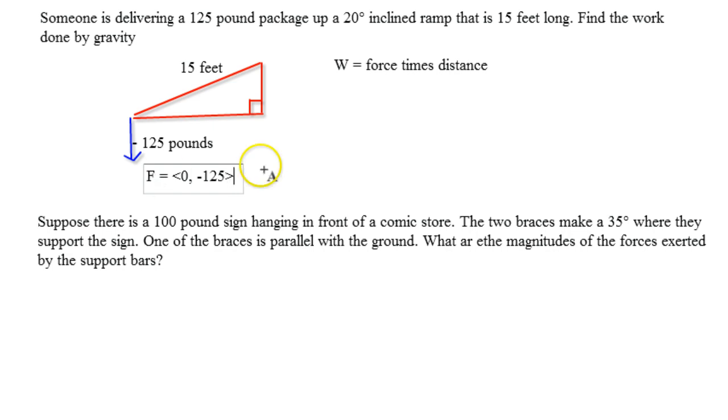Okay, now distance as a vector is going to be represented as xi plus yj. Now if you remember, these are the unit vectors right here, and you could almost say that this was 0i minus 125j. Okay, so those unit vectors would work right there.